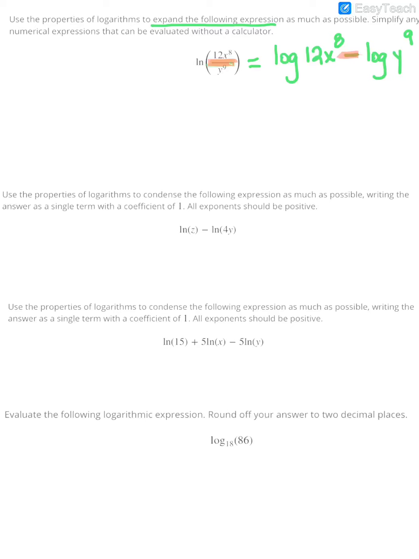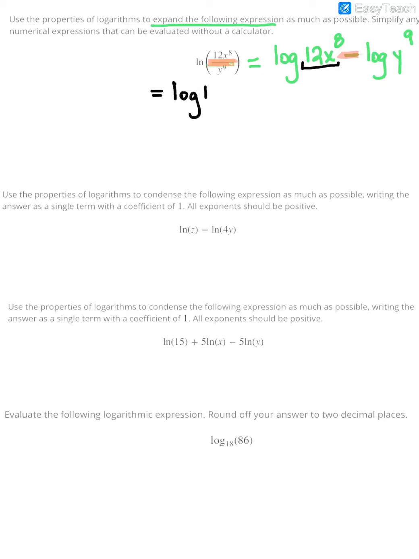So again, remember you are always associating the division symbol with subtraction. Now, my next step, I'm going to deal with the product that I have. So since 12 is being multiplied by the x to the 8th, I'm going to break those apart with addition. So 12 is one factor.